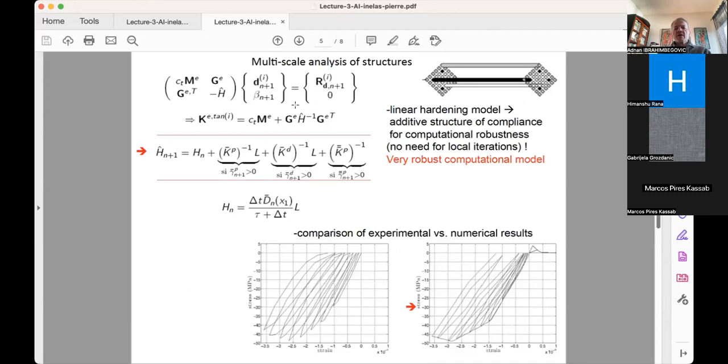Having chosen stresses as an independent variable, it will allow you for the first time not to compute the elastoplastic tangent stiffness, but the elastoplastic tangent compliance, and also the damage and so on. The big advantage is that all these terms are directly additive.